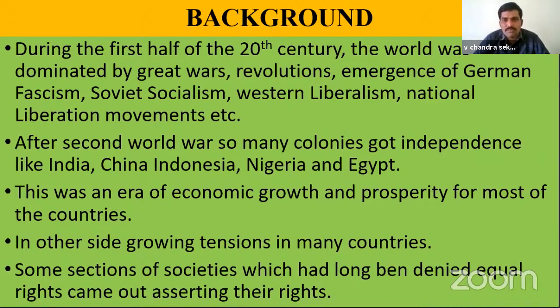In the first half of the 20th century, we experienced huge human loss and property loss also. Major revolutions also happened: the emergence of Nazism in Germany and fascism in Italy, and socialism rose in the Soviet Union, USSR, and Western liberalism and national liberation movements happened in the first half of the century.